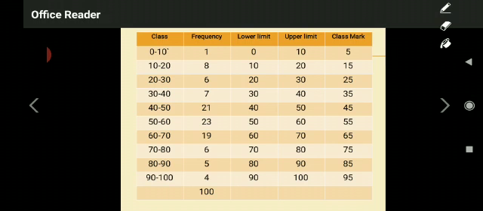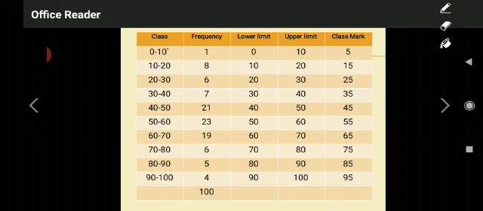In the exclusive method, the class limit is like this: 0 to 10, 10 to 20, 20 to 30, 30 to 40, like that, 90 to 100 last. You know why it is 100? There are 100 students in the class. So you have to fix the class limit based on the number of students in that particular class.